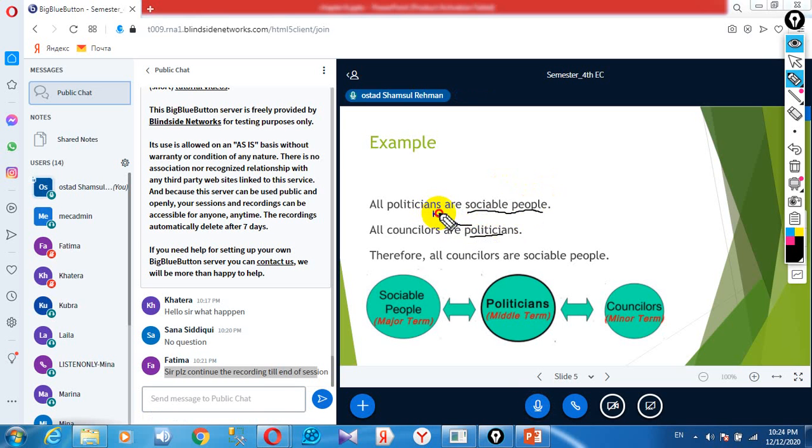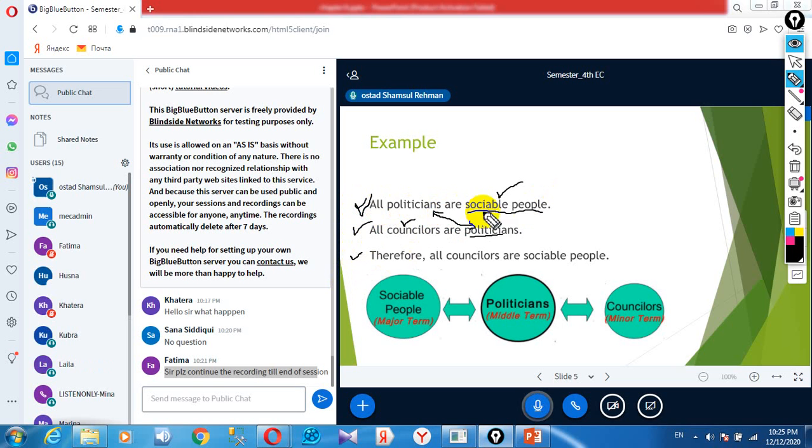Social people is the major term. Counselor is the minor term. Through politician we write counselor and social people in one sentence. So this is premise 1, this is premise 2, and now this is the conclusion.